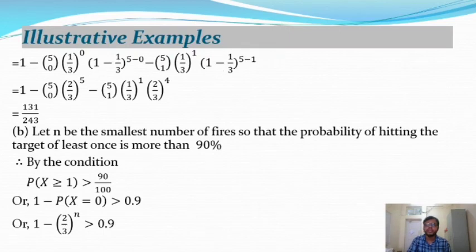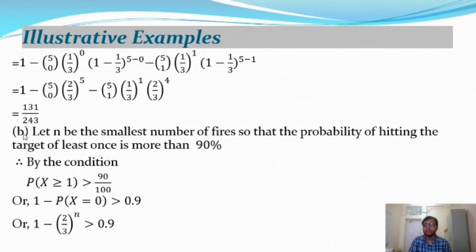After simplifying, it gives 1 minus 5c0, 2 by 3 to the power 5 minus 5c1, 1/3 to the power 1 into 2/3 to the power 4. After calculating, we get the value 131 by 243.